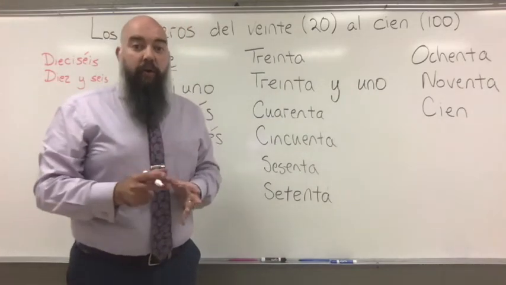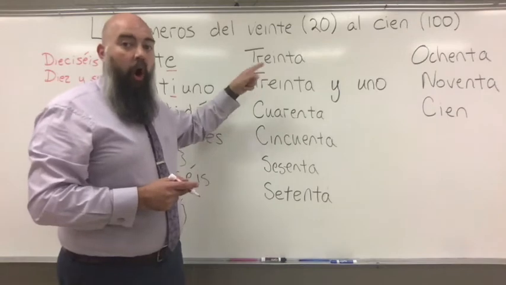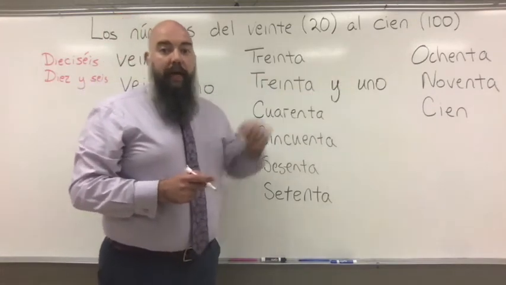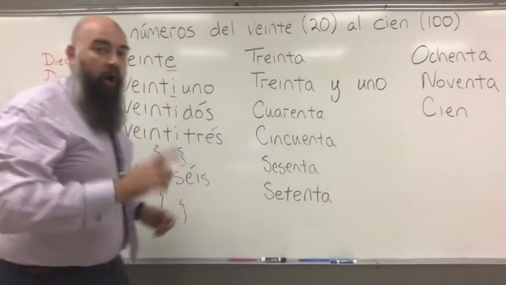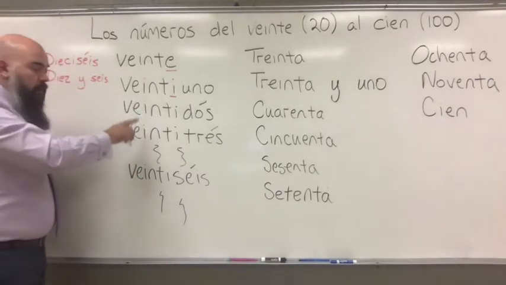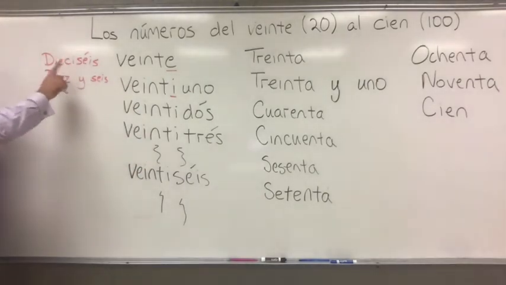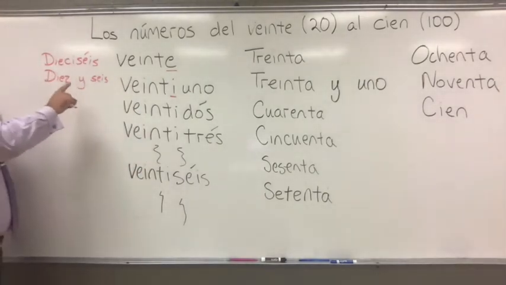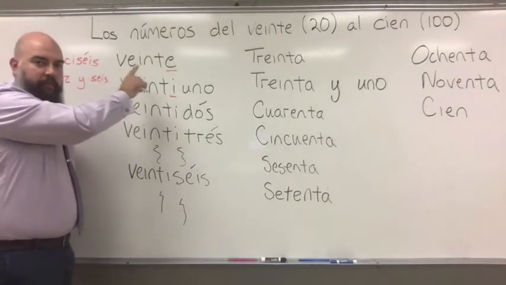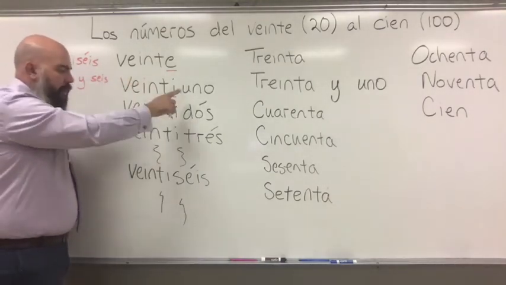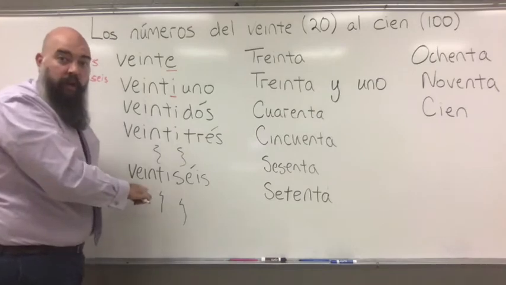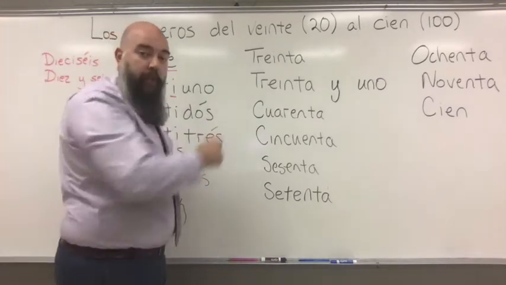That is the pattern from here, 31, all the way to 99 over there. So the only time you smush them together are in the teens, starting with dieciséis, and then the 20s, going from 21 to 29, and then after that, three separate words.